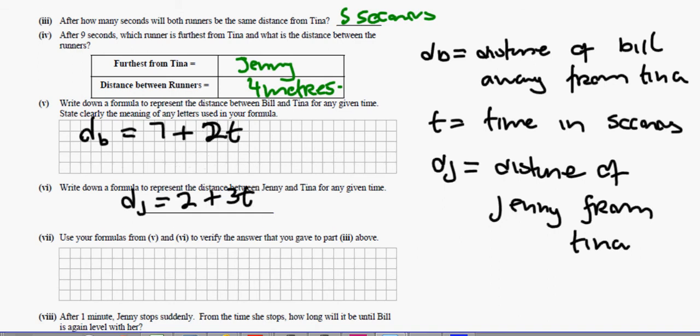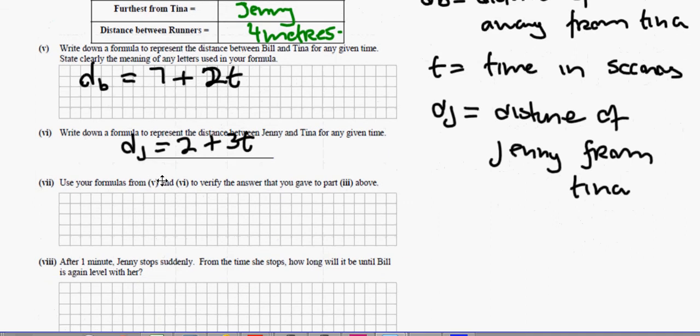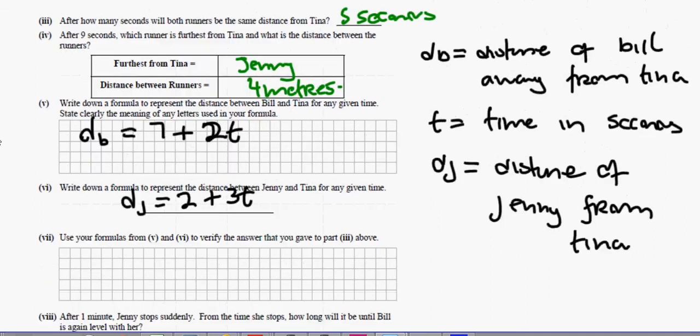Use your formula for 5 and 6 to verify the answer that you gave in part 3. Well, in part 3 I said the runners are the same distance from Tina after 5 seconds. So what we want to do is verify that distance of Bill away from Tina equals distance of Jenny away from Tina.